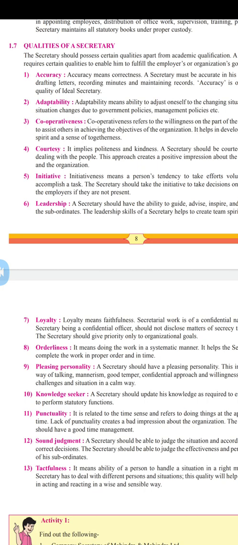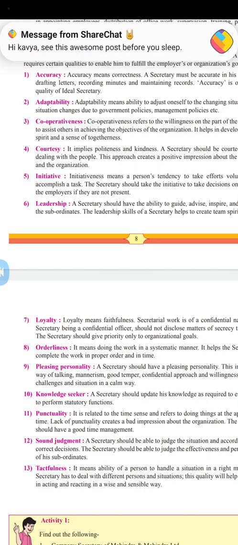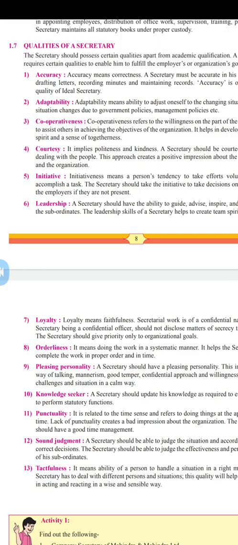Then second is adaptability. Adaptability, that means he should have the ability to adjust himself to the changing situation. Change is the law of nature. In business, there is always a risk because of the changing situations, then ups and downs, profit or loss, or fashions are always changing.